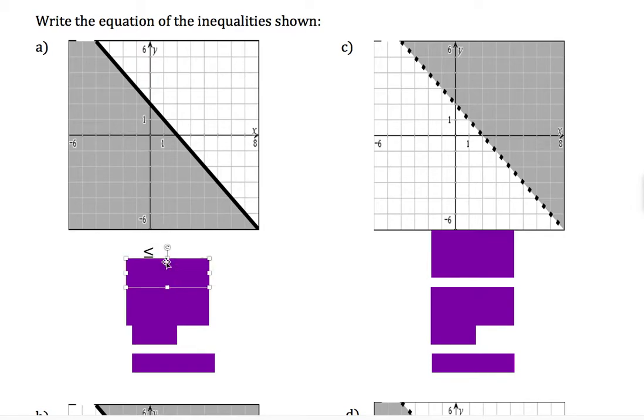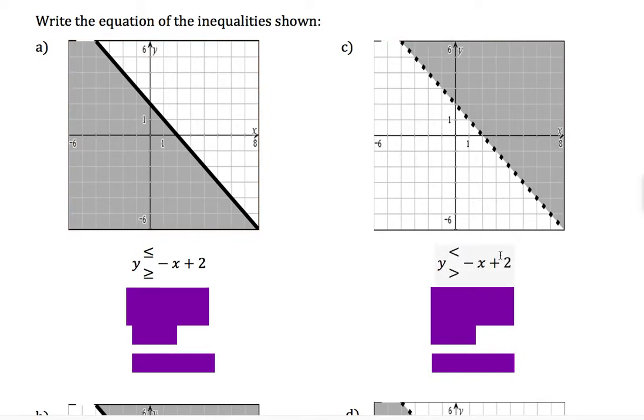So for this one, our equation is going to be y, and we're not sure what our inequality is just yet, but the numbers part will have y, a -1 for the slope, times x, plus 2 because our y-intercept is at 2. And because all of these lines have the same shape, the same slope, the same y-intercept, the numbers are all going to be the same.